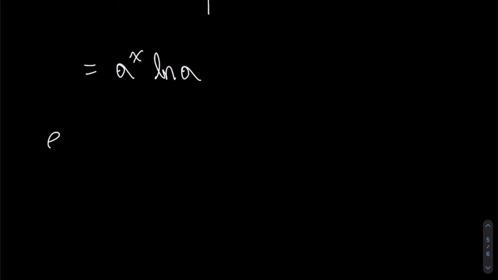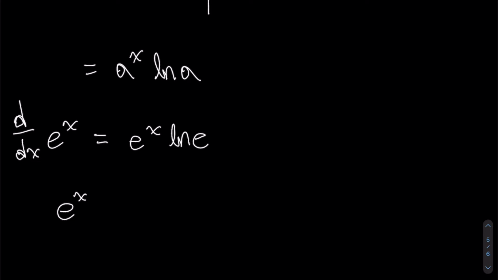From that, it's pretty easy to prove what happens when a is e, Euler's number, because again, ln of e is 1. Sorry, I should be writing derivative here. So the derivative of e to the x is just e to the x, because this is just 1.